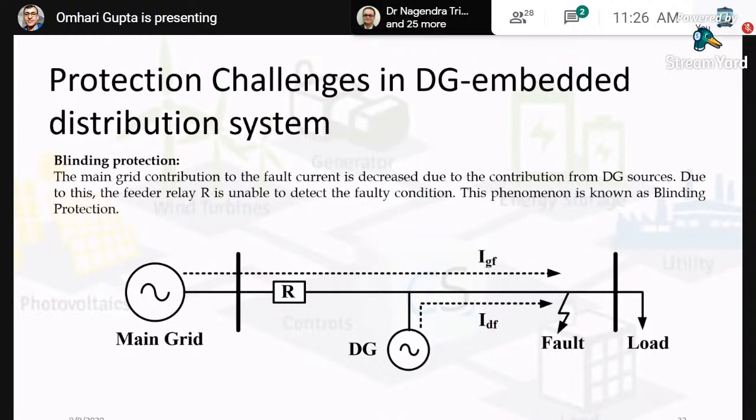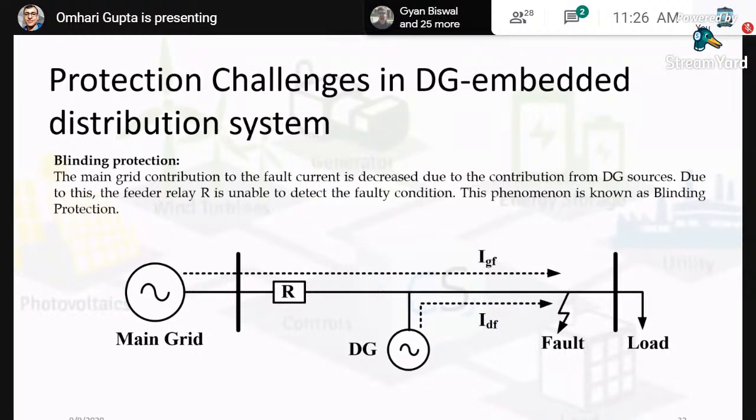But when you connect this DG, it will obviously contribute to the fault, but simultaneously this IGF will be reduced. That can be proved by taking the Thevenin's equivalent of this entire network: whenever you connect the DG, this IGF contribution will be a bit reduced.